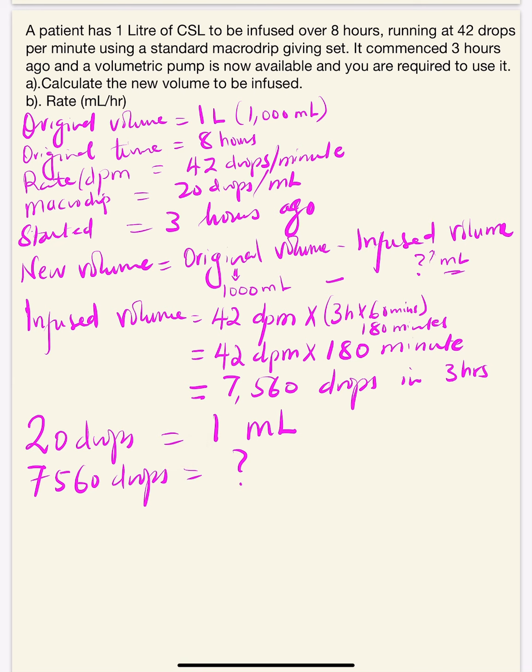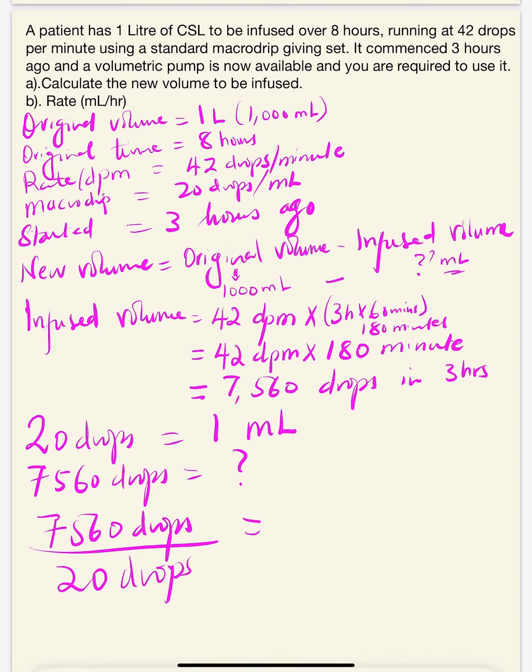It's as simple as taking 7,560 drops and dividing by 20 drops, multiplying by 1 mL, and this gives you 378 mL. This becomes the infused volume.